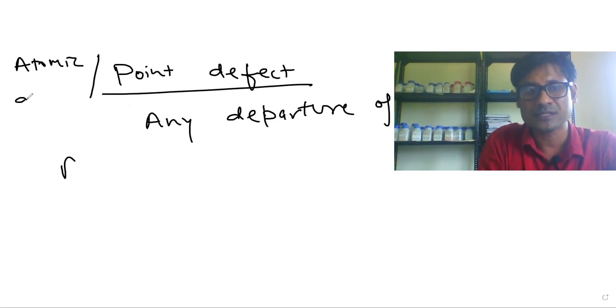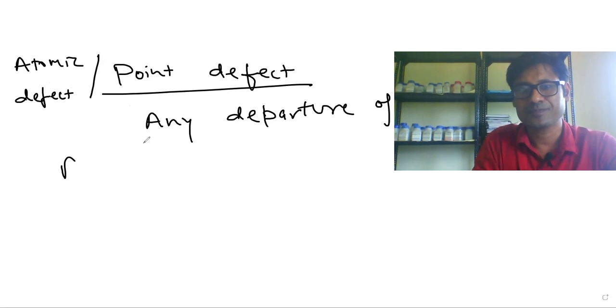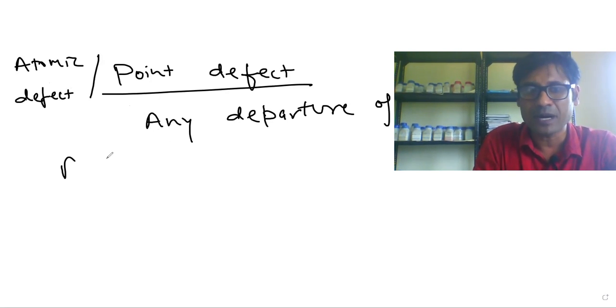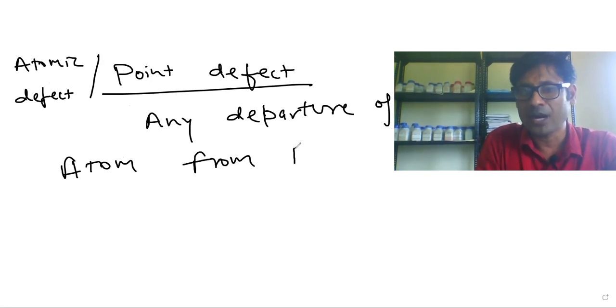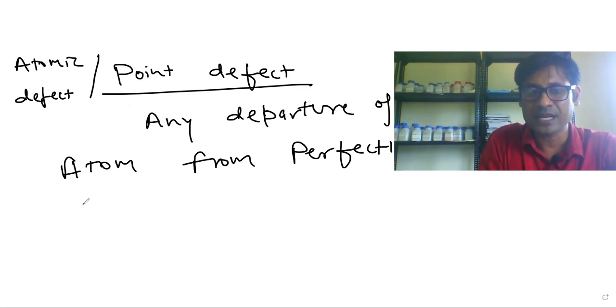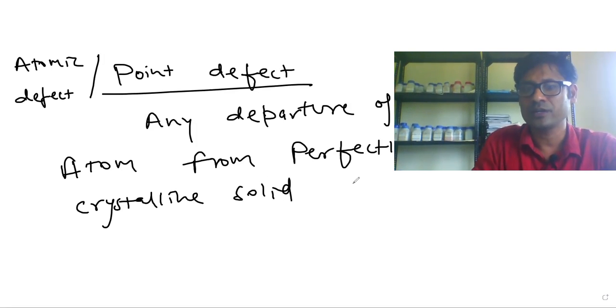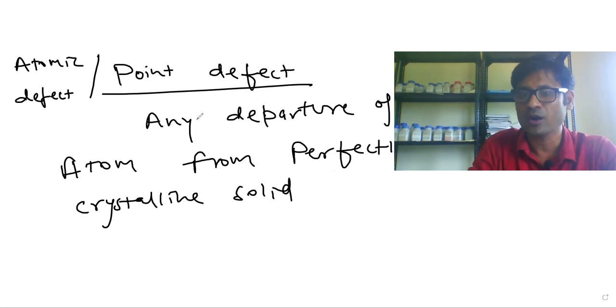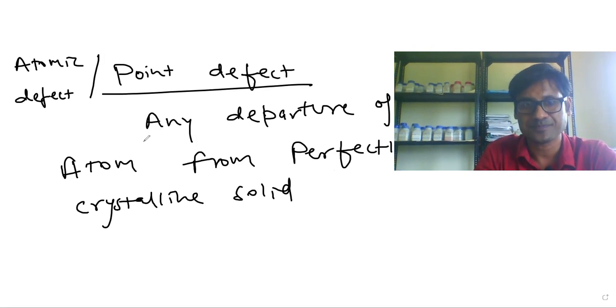Atomic defect means where the atom is dislocated or departed. Any departure of atom from a perfectly crystalline solid is called point defect or atomic defect.